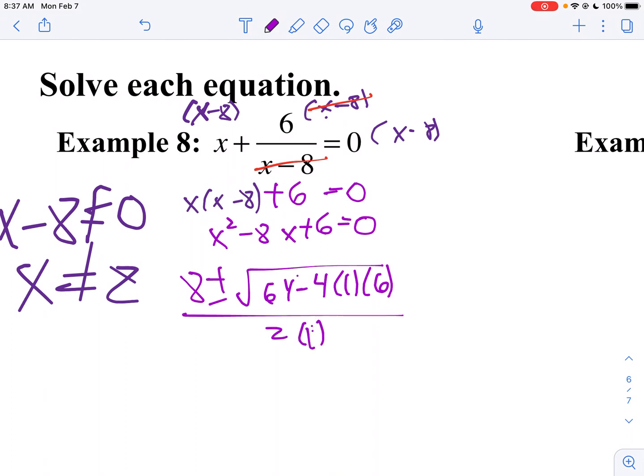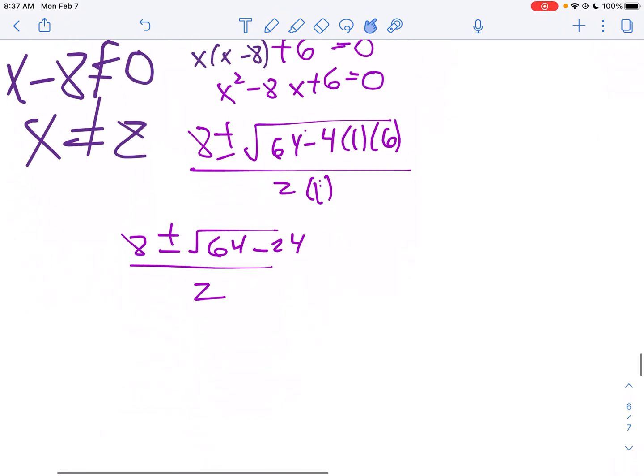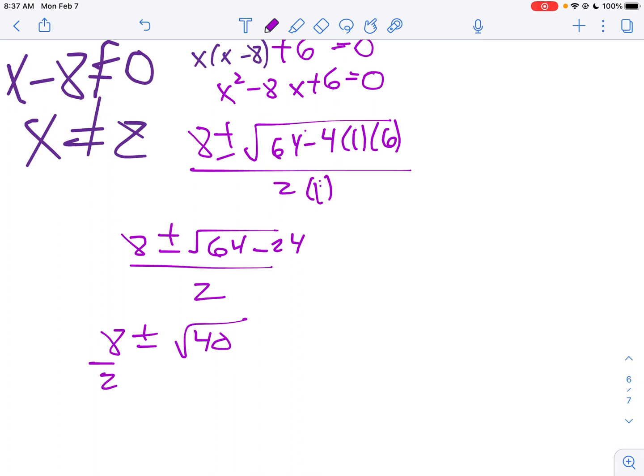So we get 8 plus or minus the square root of 64 minus 24, all over 2. So 64 minus 24 would be 40, all over 2.